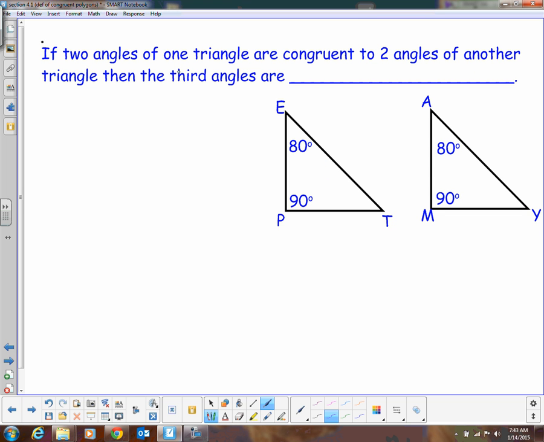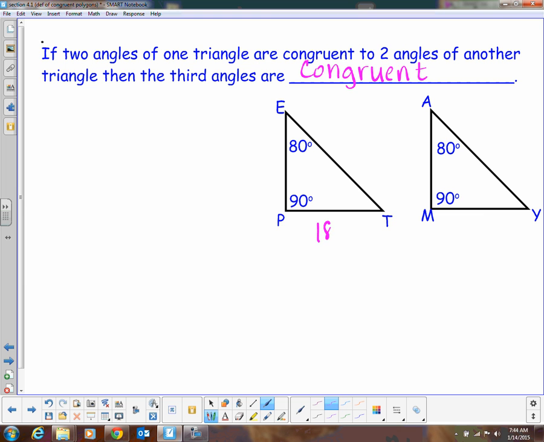If two angles of one triangle are congruent to two angles of another, what must be true about the third? Why? Let's see, it didn't tell us the triangles are congruent. What do you know about the sum of the angles? They have to add to what?